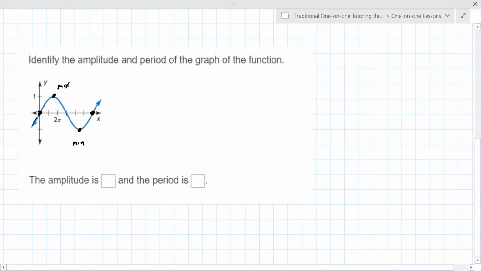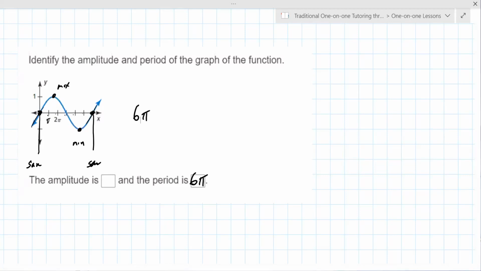This one's on the way up, this one's on the way up. So this is your same to same, and I don't have a better word for that, but it's the same position. Each one of these looks like it's pi. So it's 1 pi, 2 pi, 3 pi, 4 pi, 5 pi, 6 pi, and the period is just that count of the number of pi's. That's pretty simple.